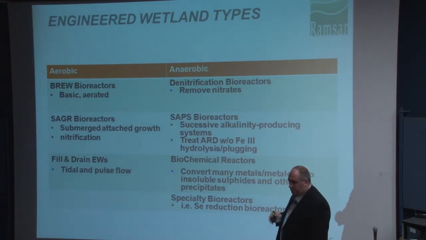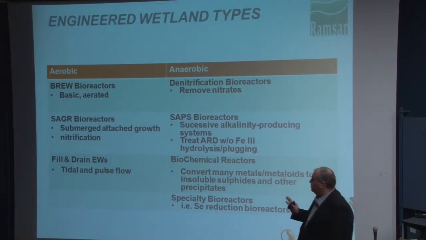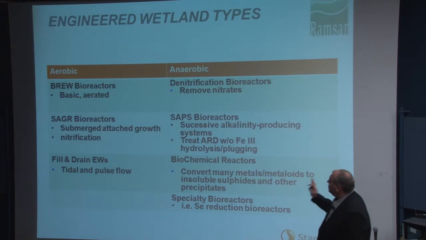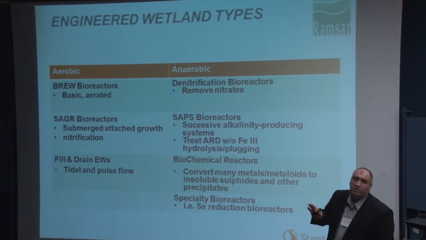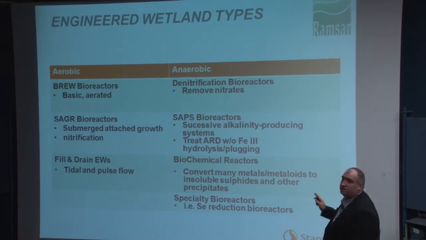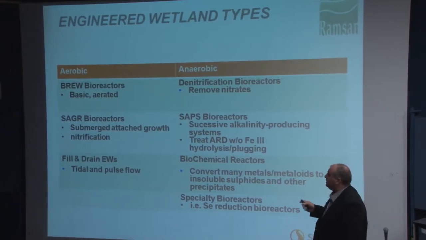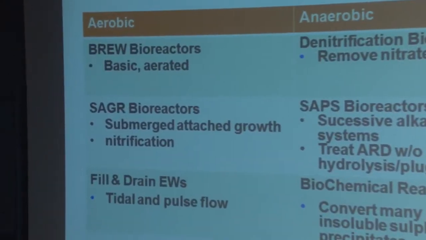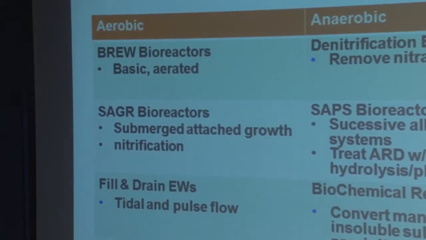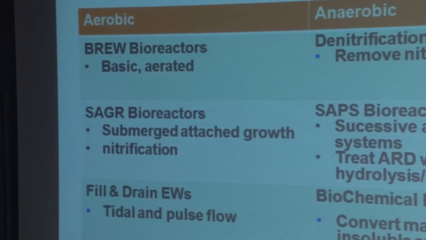Engineered wetland types. So engineered wetlands are usually differentiated into aerobic systems and anaerobic systems. Aerobic systems, the most basic of which is this BREW type system, which is an aerated system. It's relatively simple.